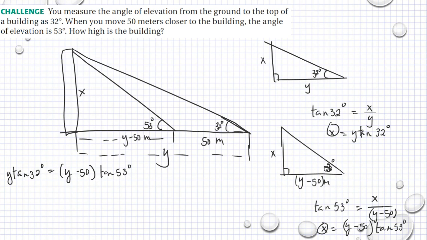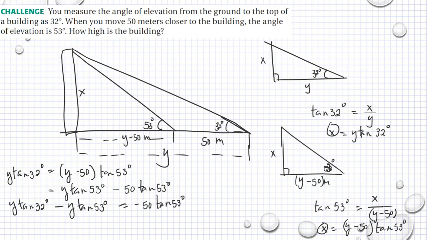If I multiply tangent 53 to both terms, then I have y tangent 53 degrees minus 50 tangent 53 degrees. Subtracting y tangent 53 from both sides, we have y tangent 32 degrees minus y tangent 53 degrees is equal to negative 50 tangent 53 degrees.